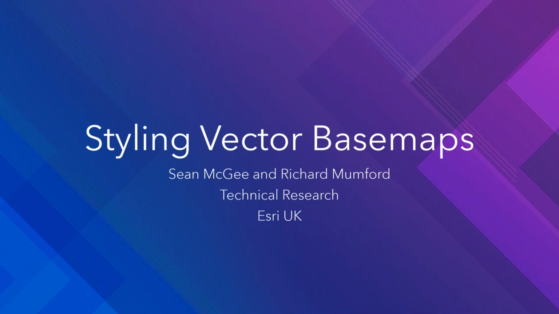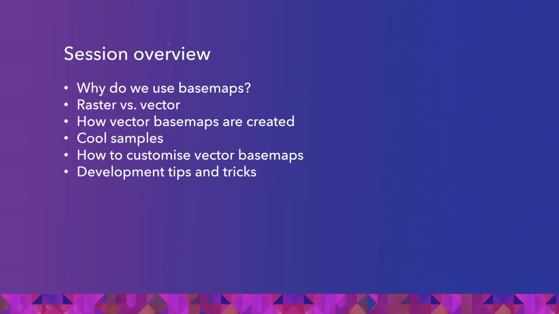So welcome everybody to the webinar on styling vector basemaps. Thanks for joining us today. Before we get started, I just wanted to take you through a quick session overview so you know what to expect. And because we have a mixed audience today, we're going to start with the basics and make sure everyone's on the same page. So we're going to quickly start by talking about why we use basemaps in the first place.